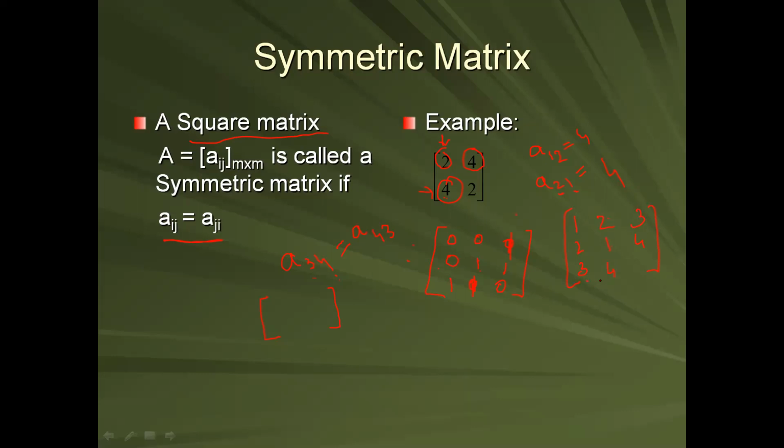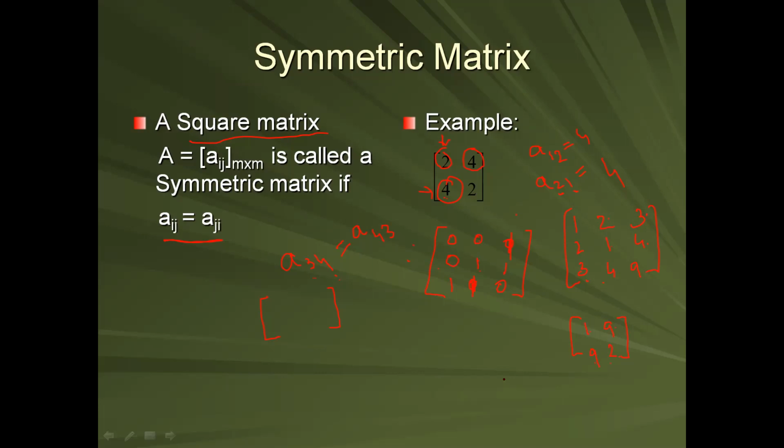If the third row is 3 4 9, then the third column is also 3 4 9. Did you get it now? Yes, ma'am. Let's take a 2 by 2 matrix. If it is 1 9, first row, the first column also should be 1 9. Now the second row is 9 2. Second column also 9 2.